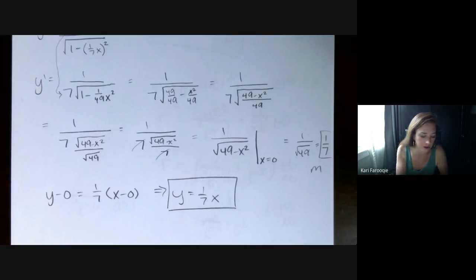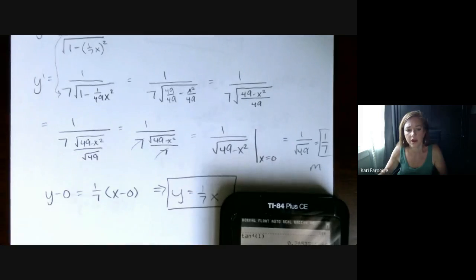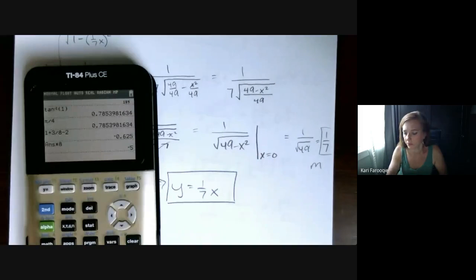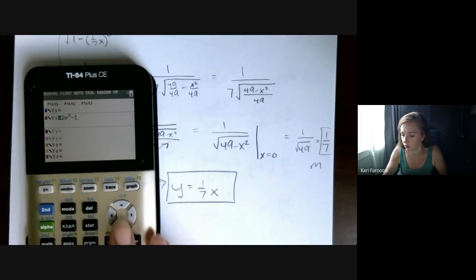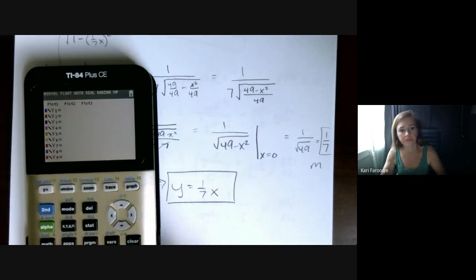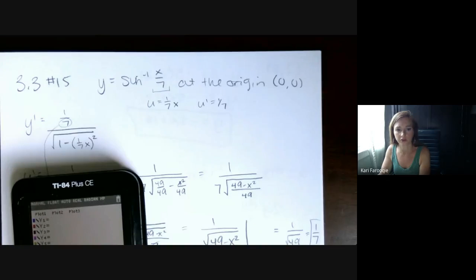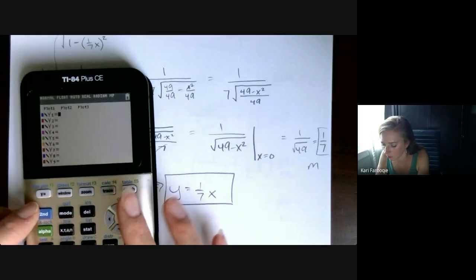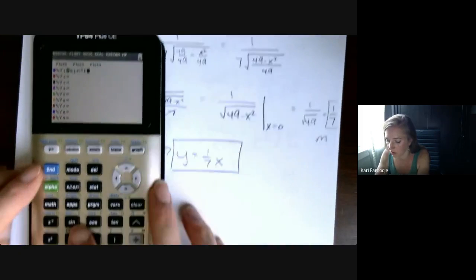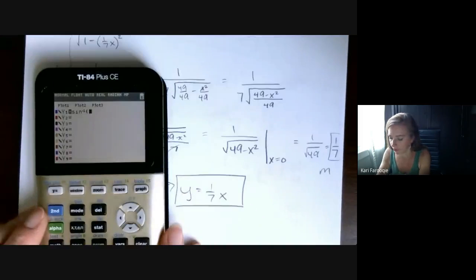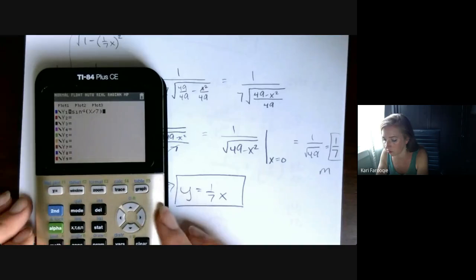Also in your graphing calculator, you can always pop in your inverse trig function and check it that way. So your inverse trig function was inverse sine of x over 7. So your inverse sine is second sine. And then you can enter x over 7.